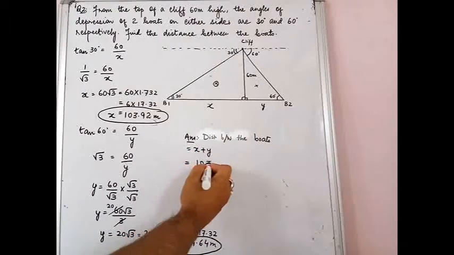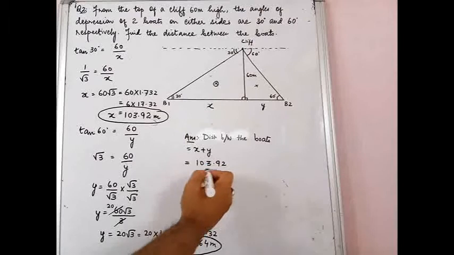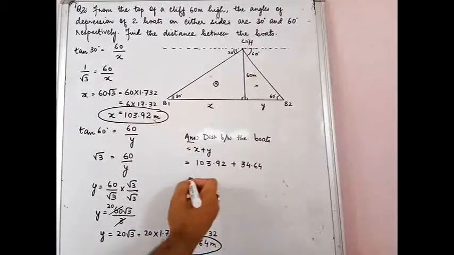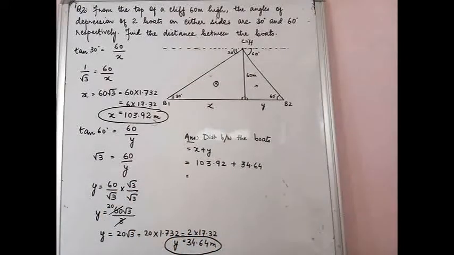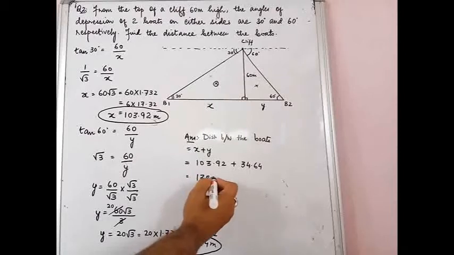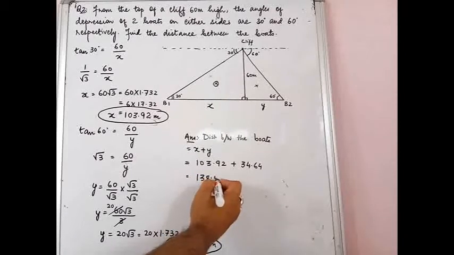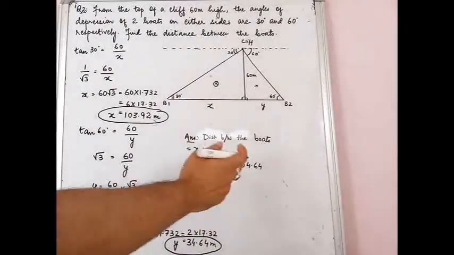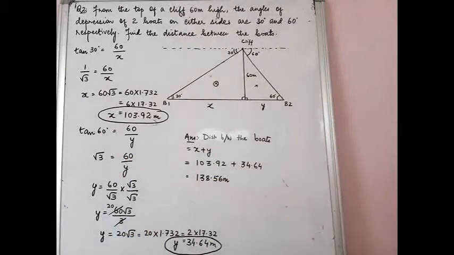So 103.92 plus 34.64 is going to give you how much? 138.56 meters. You can obviously put down these two numbers one below the other and then add up. The answer will come out to be 138.56 meters.